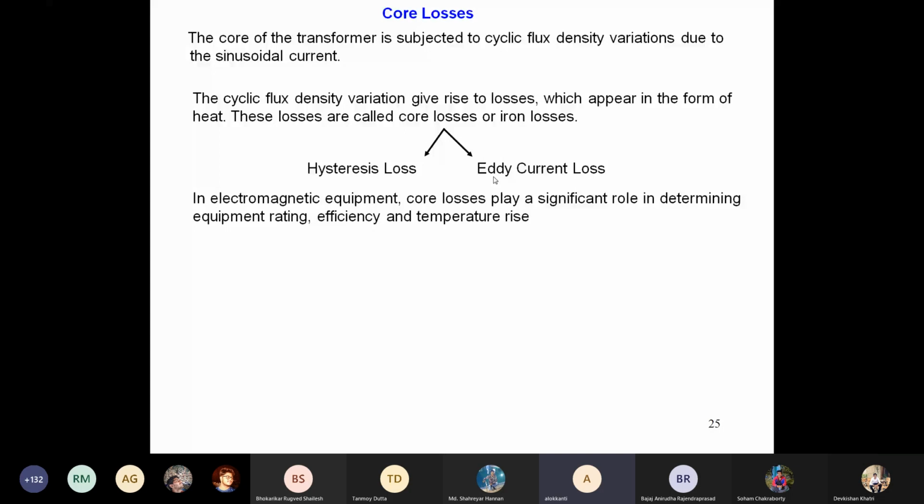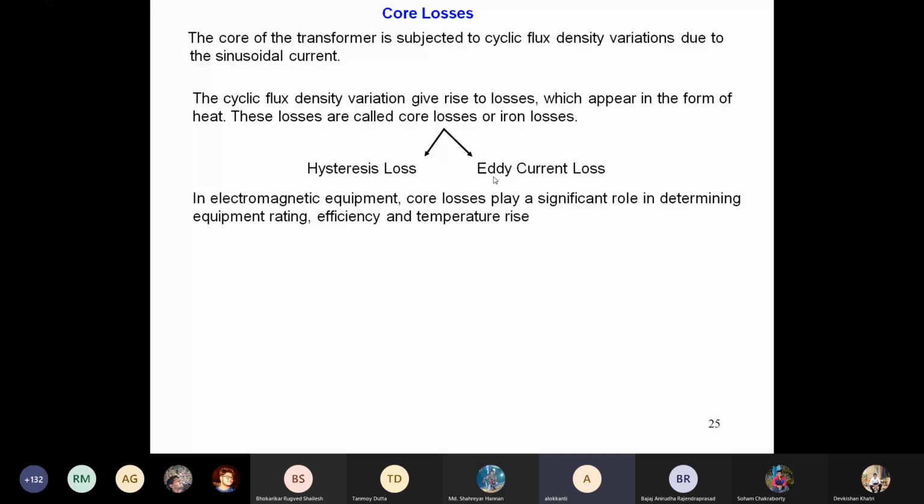So the temperature rise is a factor. If you consider your car engine, when you drive a car, the engine gets heated. So obviously there is a coolant that takes away the heat. Otherwise the engine will become hot, it may get damaged, and there may be fire also. So there is a requirement of a coolant.